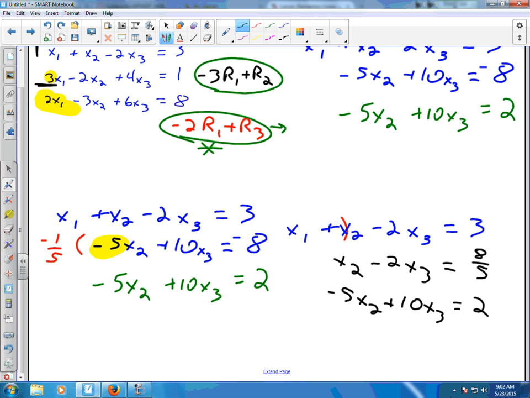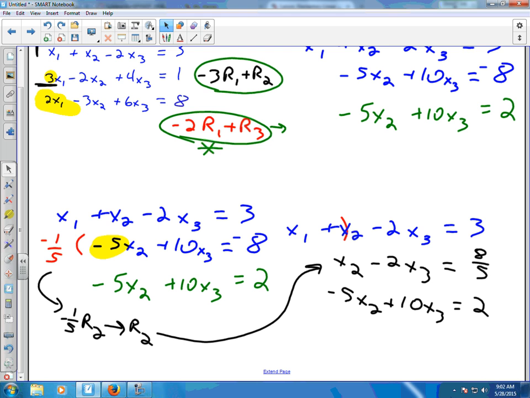I guess we didn't do this, but what we did there was we did negative 1/5 times row 2, and that gave us the new row 2. So that's how we got that new row 2. Alright, so let me copy this over.